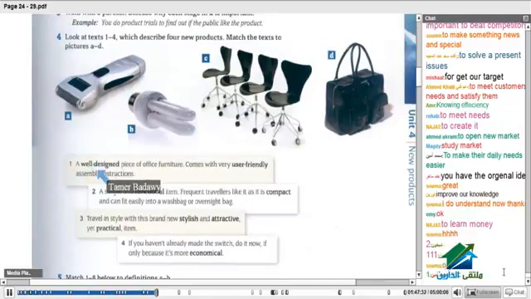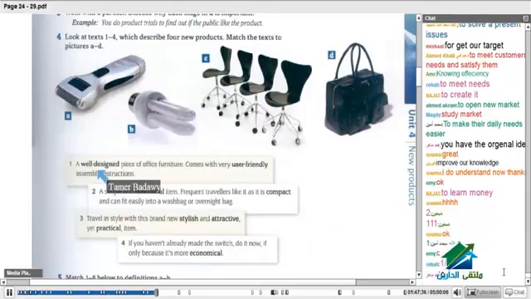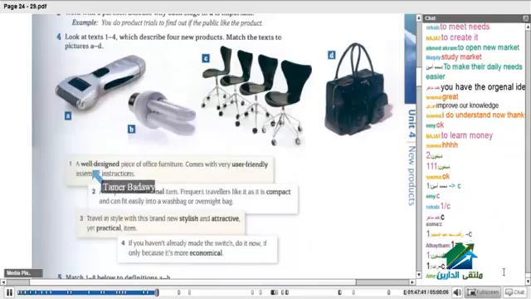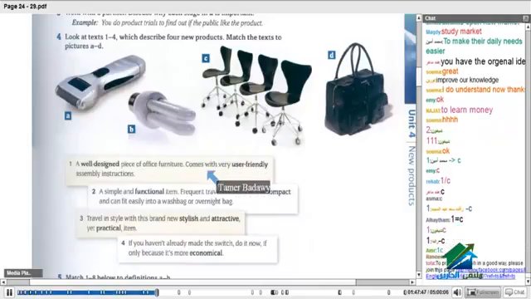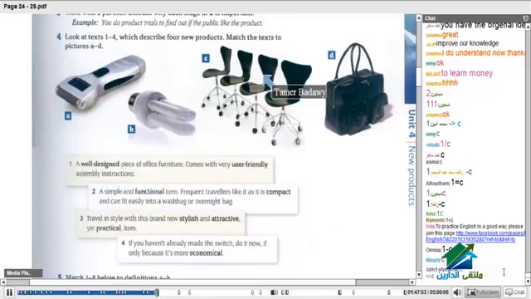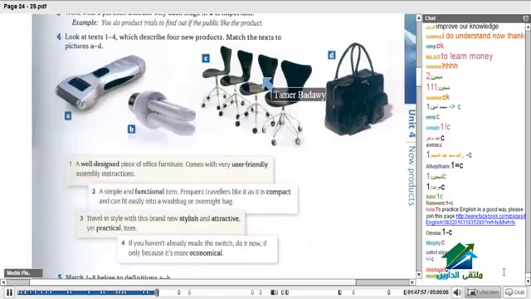Number 1, and you check the answer. A well-designed piece of office furniture comes with very user-friendly assembly instructions. Office furniture. Very well.